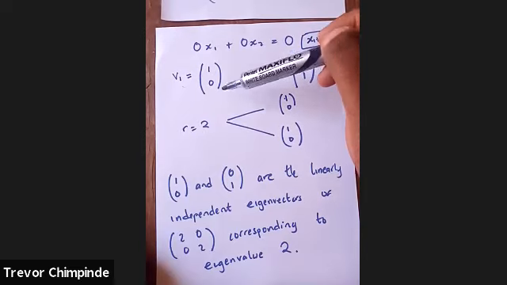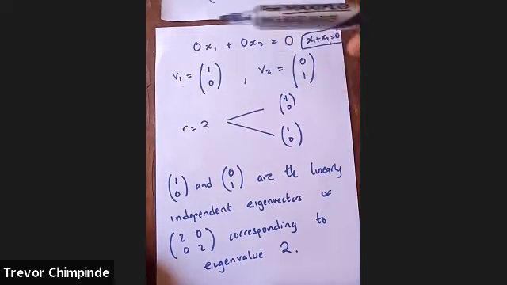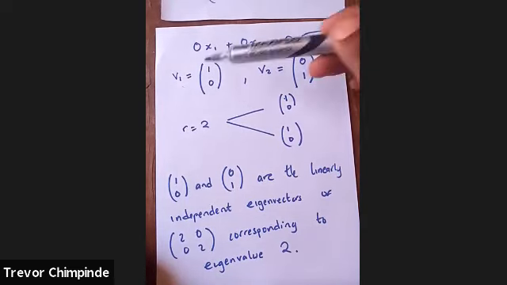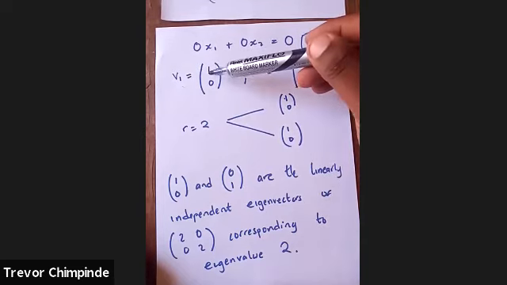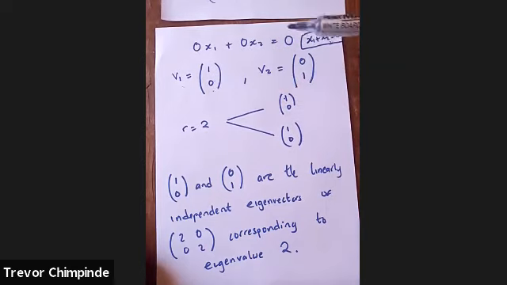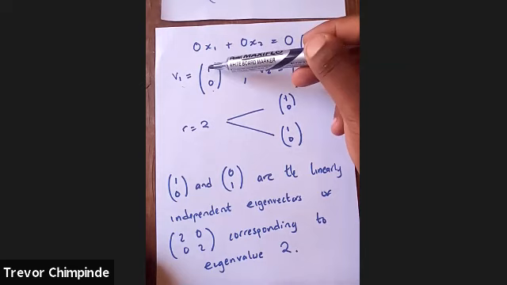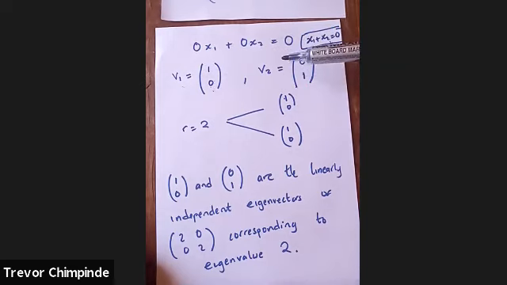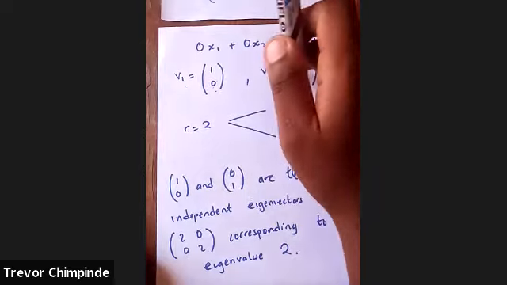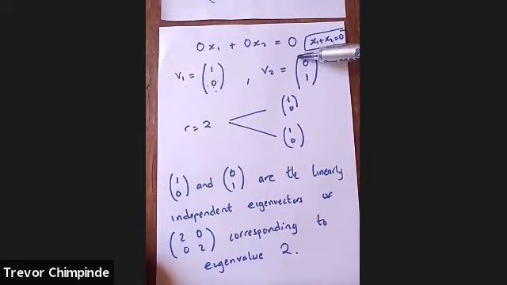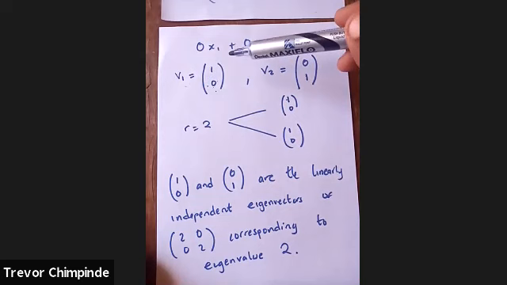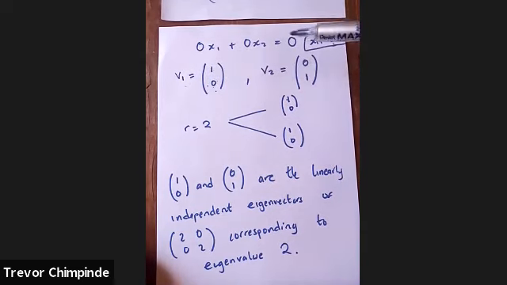And I was saying you can make any choices. These are the standard choices of solutions to such equations. The first one is 1, 0. The second one is 0, 1. The only thing you want to avoid is that one should not be a multiple of the other. In this case, I can't multiply V1 by a scalar and get V2.